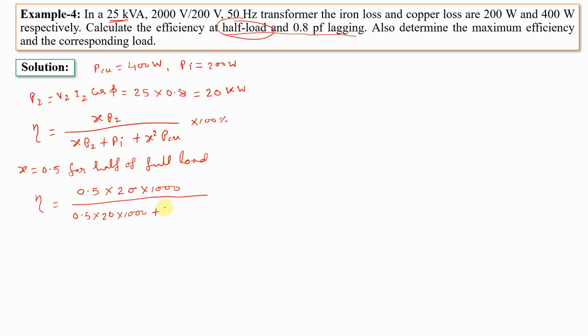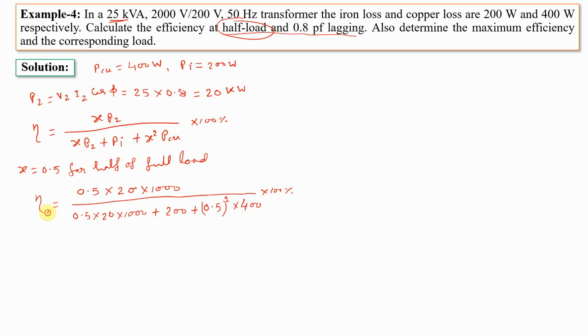Pi is the iron loss, that is 200 in this question, plus X square PCU. For half load, the copper loss will be 0.5 square into the rated copper loss, that is 400, multiplied by 100 to find the efficiency in percentage.